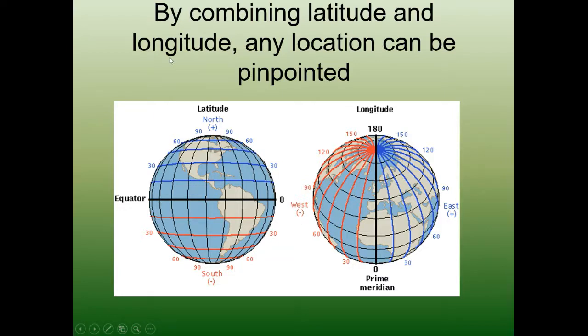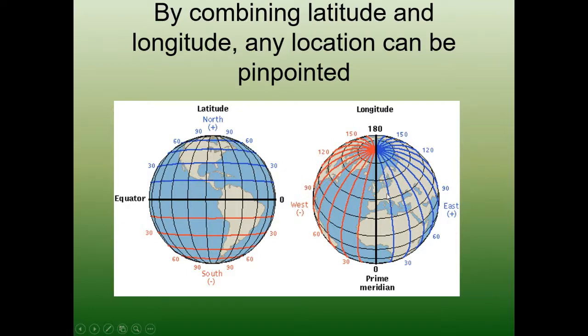Longitude always comes second, right? So here you have 0 as the prime meridian, the main meridian, and everything is measured off of that when you're talking about longitude.